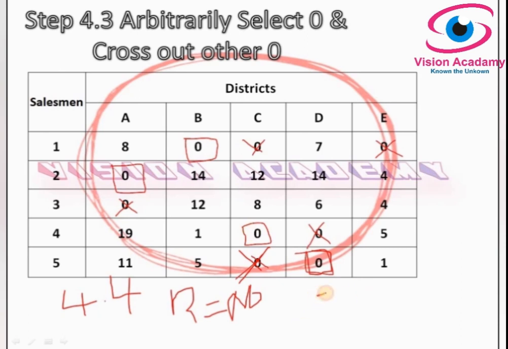Okay, 5 rows and 5 columns are there, and 4 assignments are there. So 5 is greater than 4, which means rows are greater than assignments. So this is not an optimal assignment, so we have to proceed to step 5.